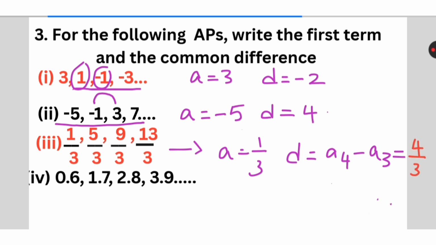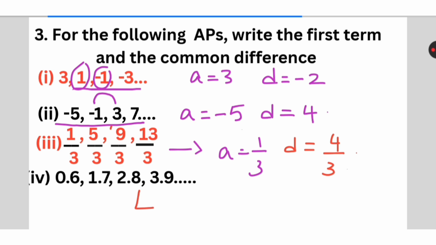Now let's check A3 minus A2. The third term is 9 over 3 minus the second term, 5 over 3. Taking LCM 3, 9 minus 5 gives 4. So here also we get the same, 4 over 3. That means for the third question, the common difference is 4 over 3.